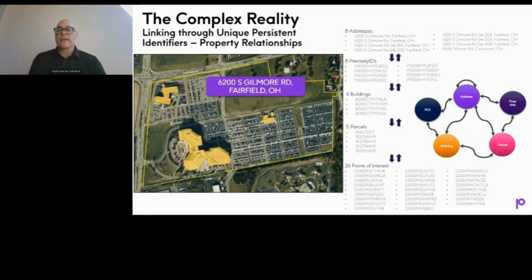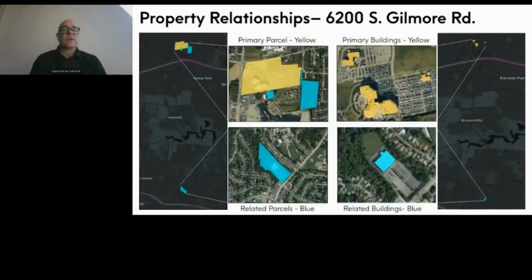The next one, Danny, if we can forward to the next one real quick, and I'll bounce through this one. This particular example is probably more on the build out side. So understanding common ownership of properties and the relationship of that ownership structure.